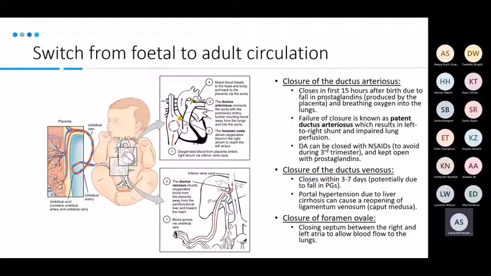And then the foramen ovale closes the septum between the right and left atria, and that stops blood flowing between the atria and ensures that it goes to the lungs instead of into the left side of the heart and to the body, so it's not mixing oxygenated and deoxygenated blood.